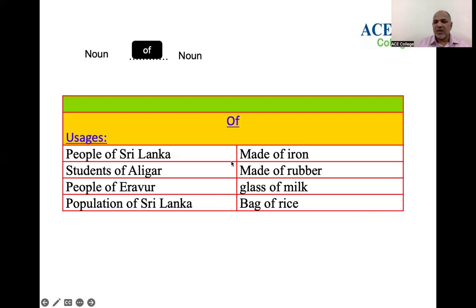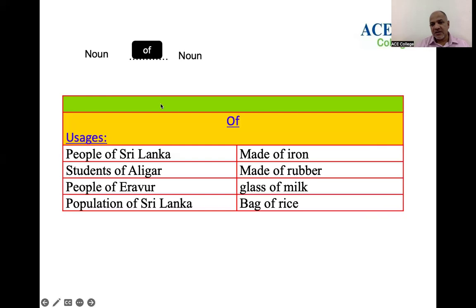Another rule is that when you are using "made", it automatically takes "of". Okay, "made in" you are also going to use: made in your country. Made of with something. You have to remember. This rule will not be applied here, but generally two nouns will be connected with "of".